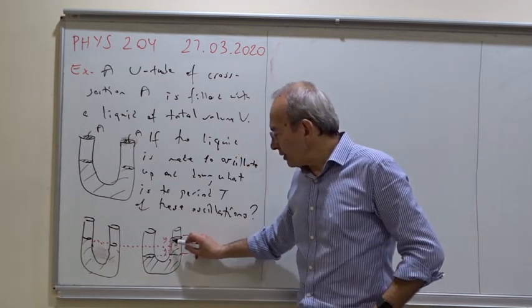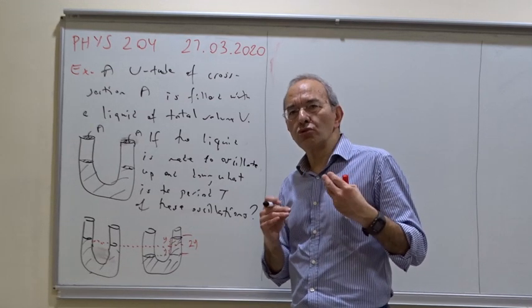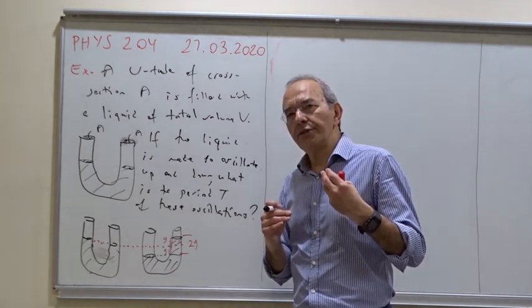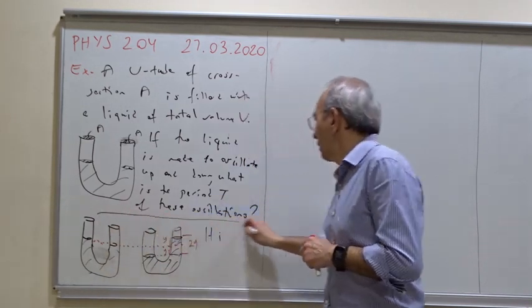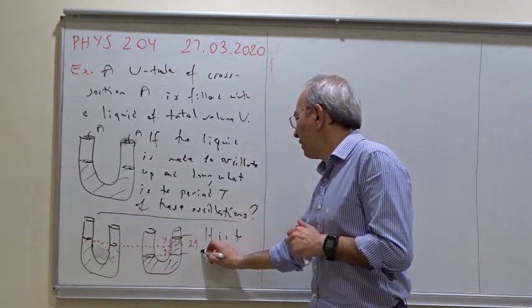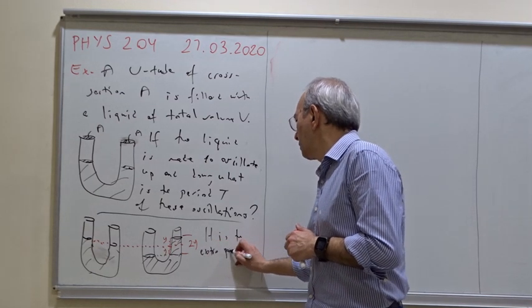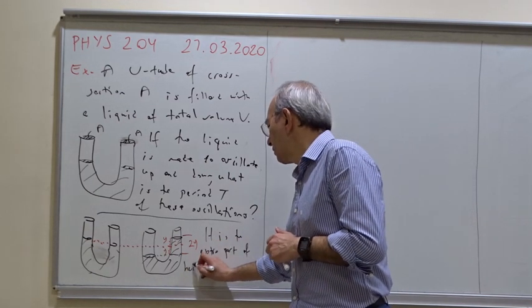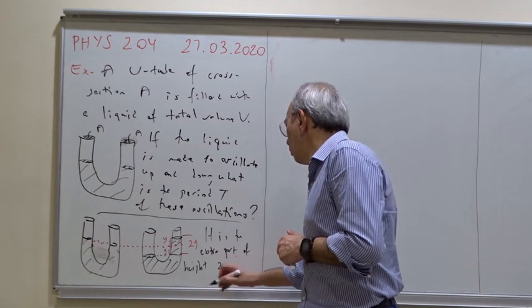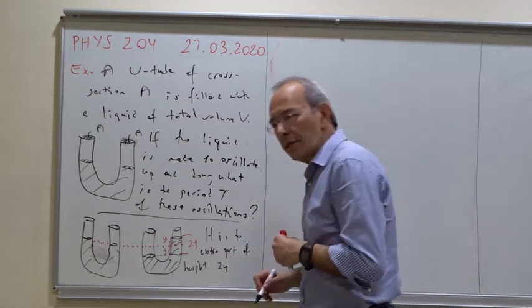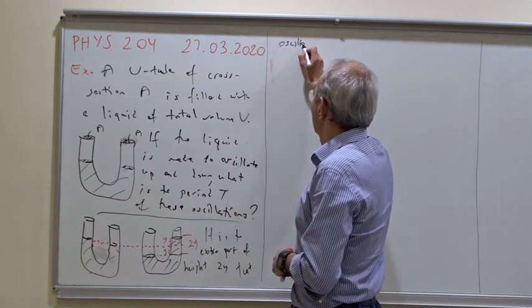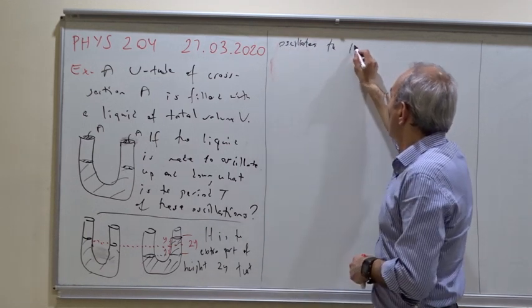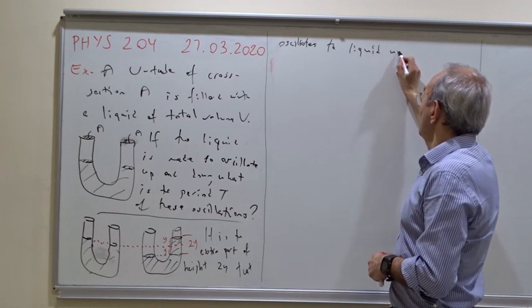And it is this initial part that tries to oscillate the liquid up and down. It is the extra part of height 2y that oscillates the liquid up and down.